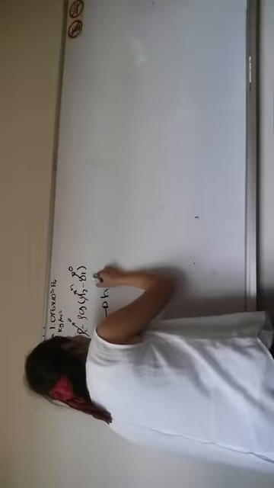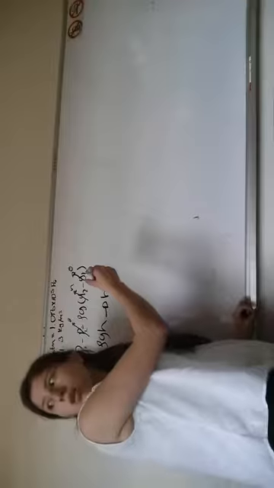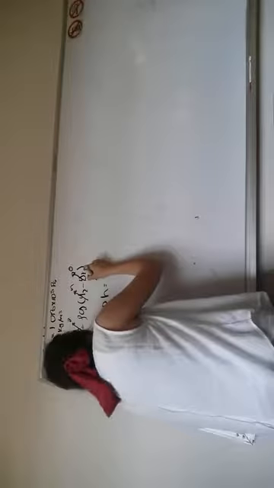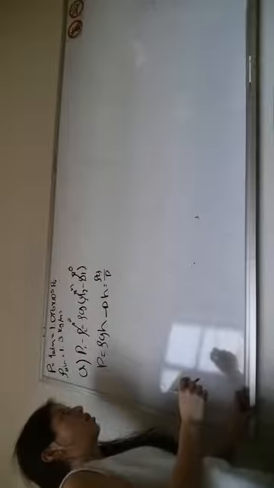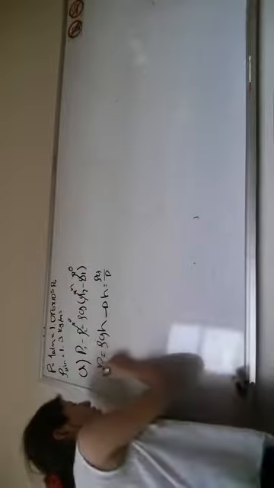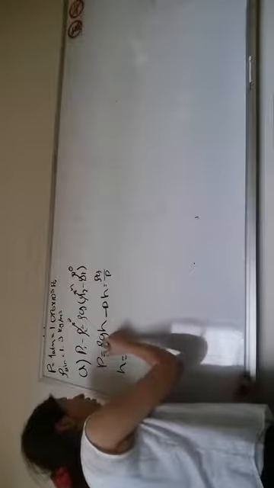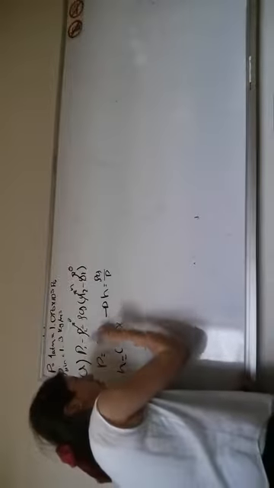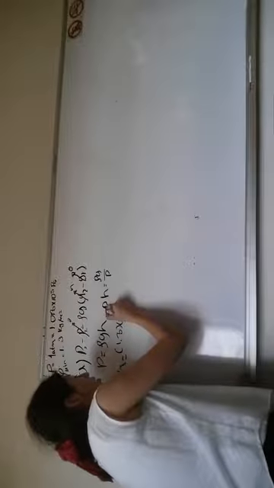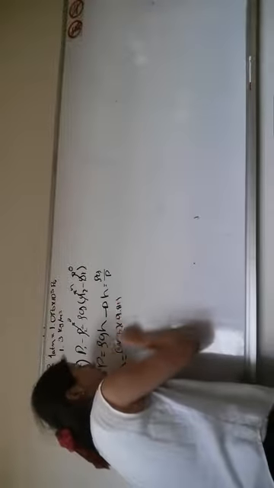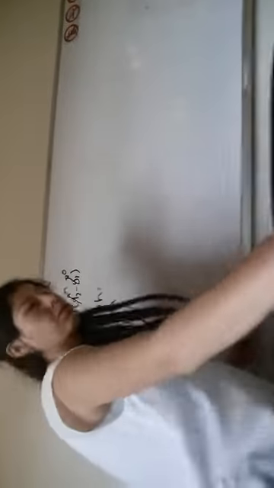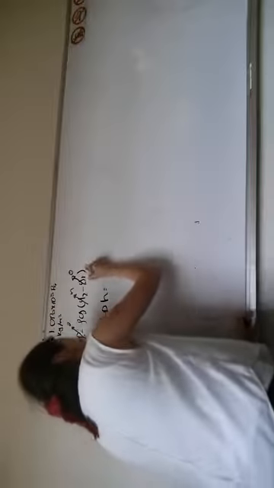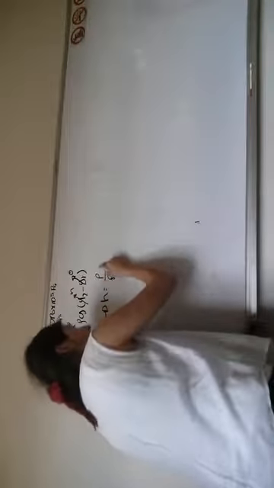If we solve for H, it will be density times gravity divided by pressure, and if we substitute the values, 1.3 times the gravity, that is 9.81, divided by, no, I made it wrong. If we solve for H, it's pressure divided by density times gravity.